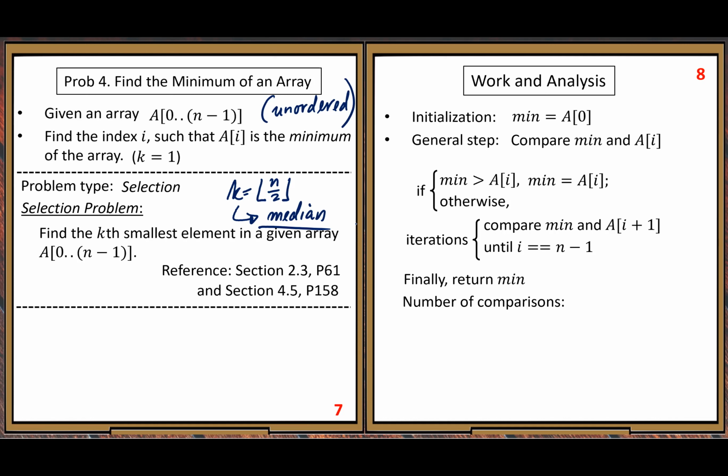Let me give you a little more information. Number of comparisons, okay? We only count the number of comparisons, not assignments. For example, this first initialization is an assignment, not a comparison.